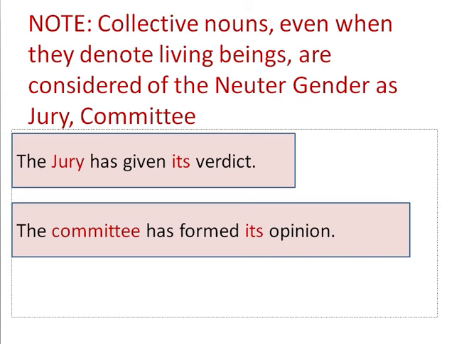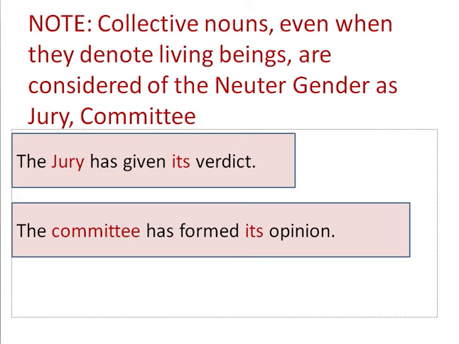Note. Here we should note that the collective nouns, even when they denote living beings, are considered of the neuter gender. For example, jury and committee. We should write, the jury has given its verdict, instead of writing his or her verdict.